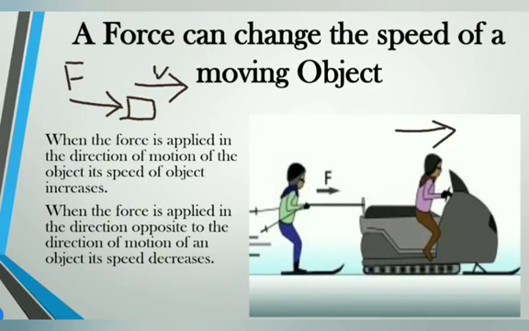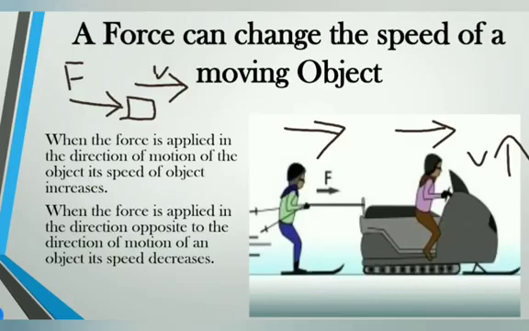If this person pushes the vehicle by applying force along the same direction as the motion, then the vehicle's speed increases. The vehicle's speed increases by pushing it in the same direction of motion.